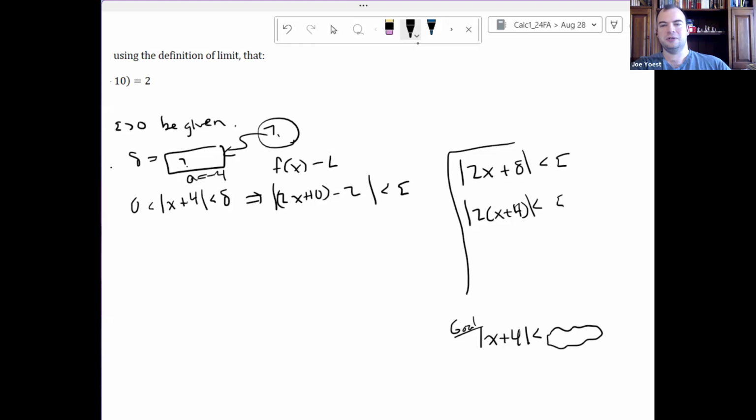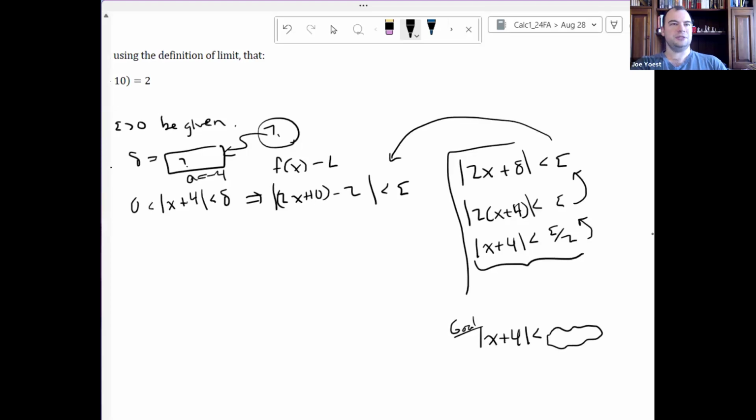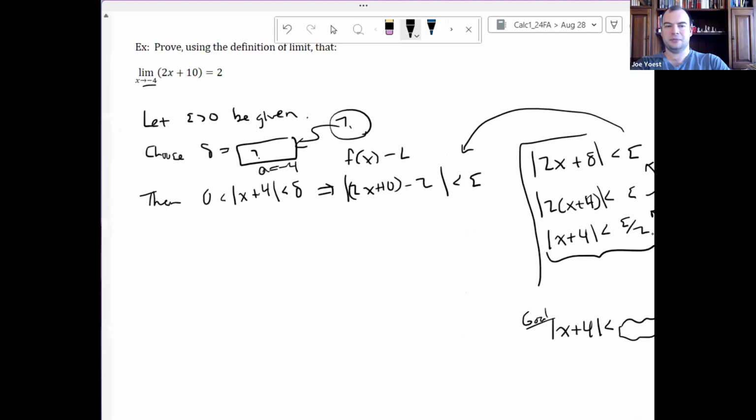This factor of 2 can divide out, giving me absolute value of x plus 4 is less than epsilon over 2. So if I choose a delta such that absolute x plus 4 is less than epsilon over 2, I can reverse this process to get exactly the conclusion that I want.